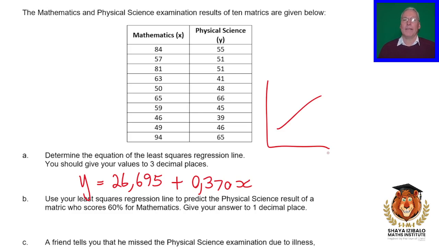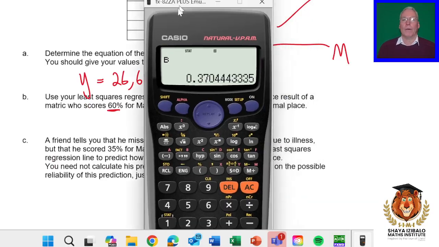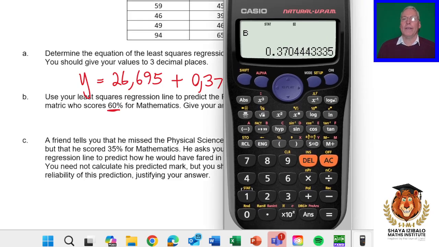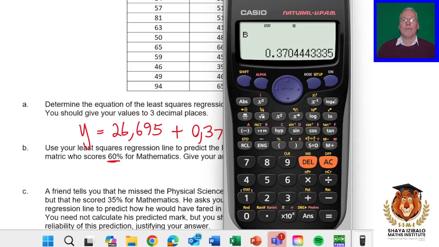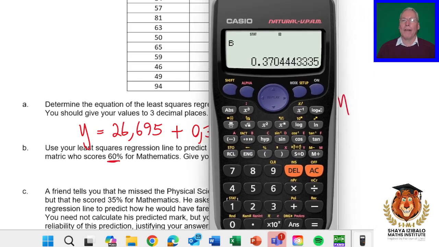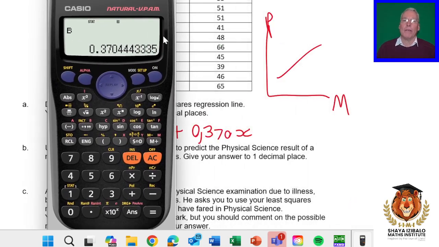All right, this is maths on this axis and physical science on this axis. Okay, this says use your least squares regression line to predict for someone who gets 60. Notice that 60, if they got 60 for maths, is inside our data set. Our smallest maths item looks to be 46, and our biggest one 94.